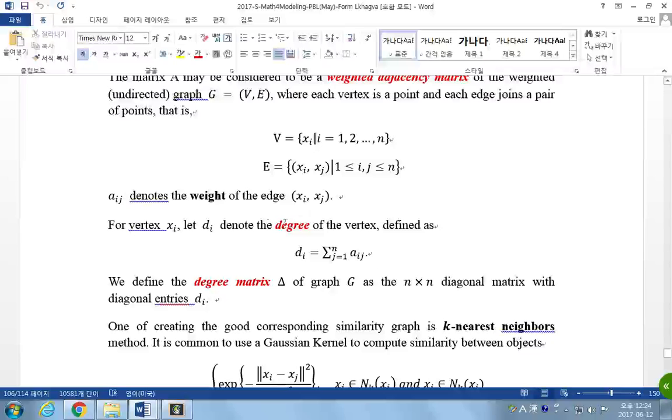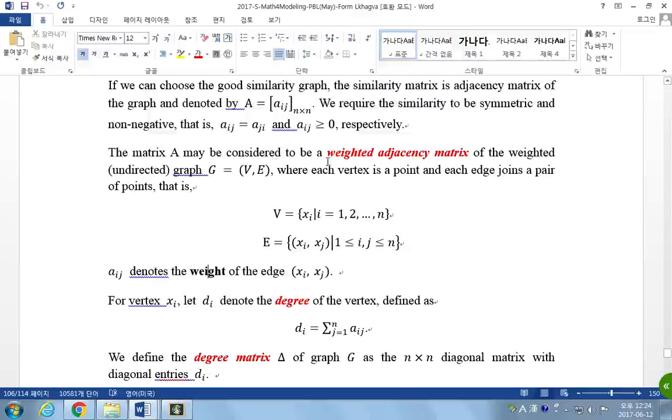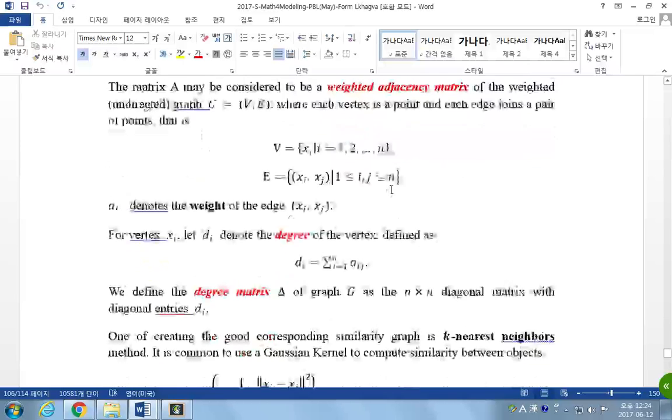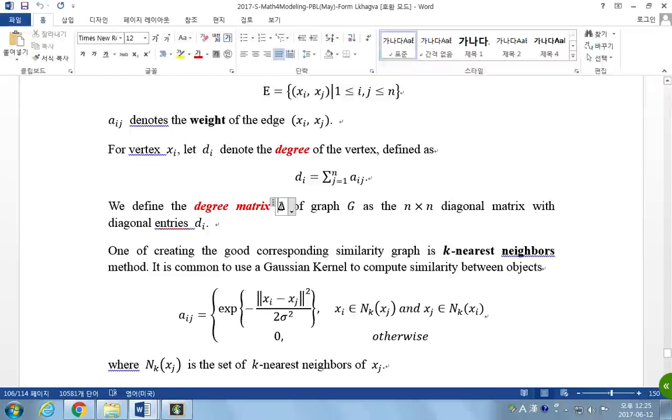The matrix may be considered a weighted adjacency matrix. For the vertex x_i, let d_i denote the degree of the vertex, defined by this formula, and the degree matrix D is a diagonal matrix whose diagonal entries are d_i.